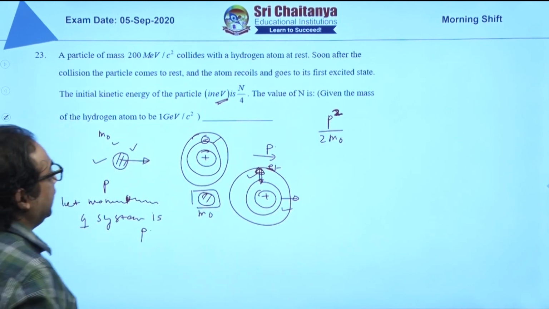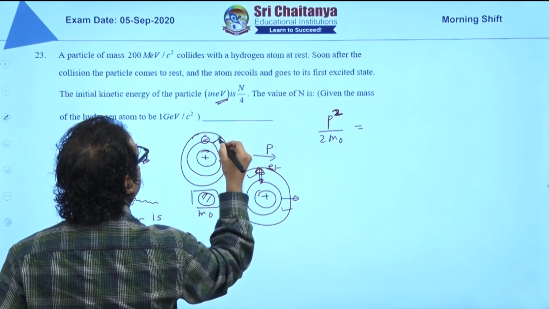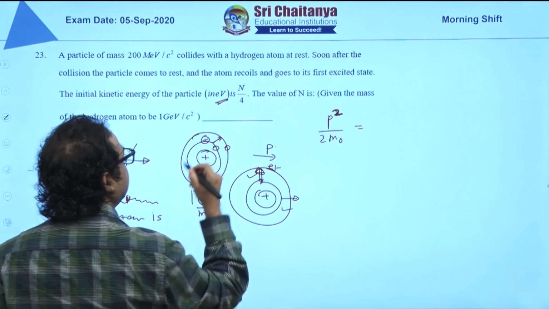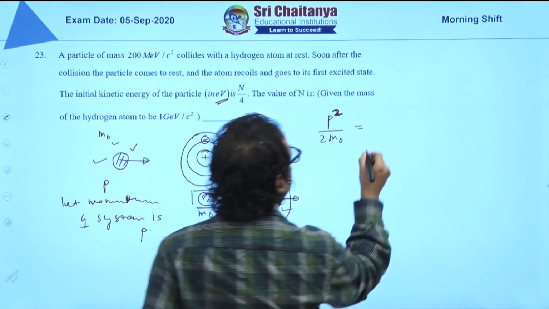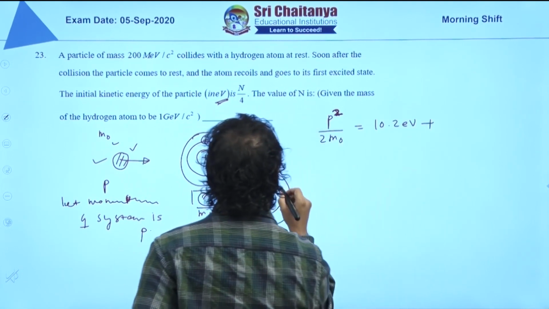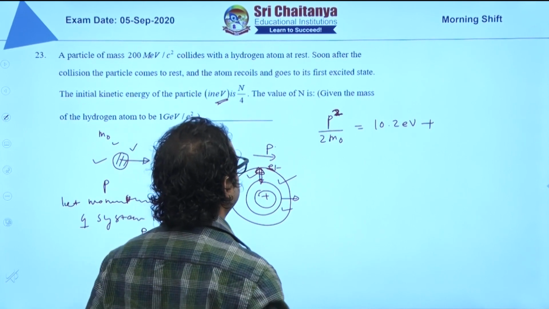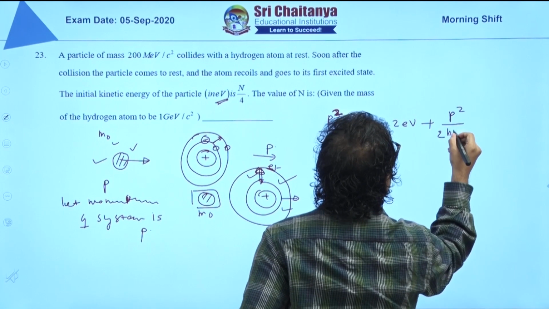That is equal to the energy difference between the ground state and the first excited state, which is 10.2 electron volt, plus the kinetic energy of the hydrogen atom, that is p square upon twice m h.